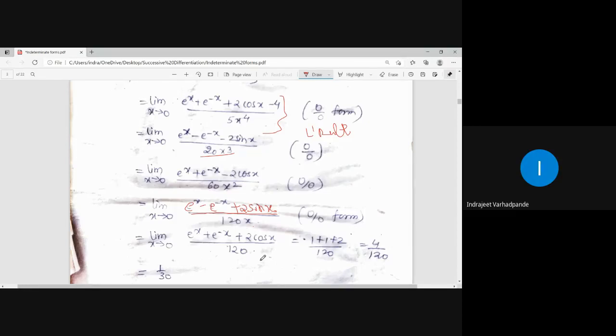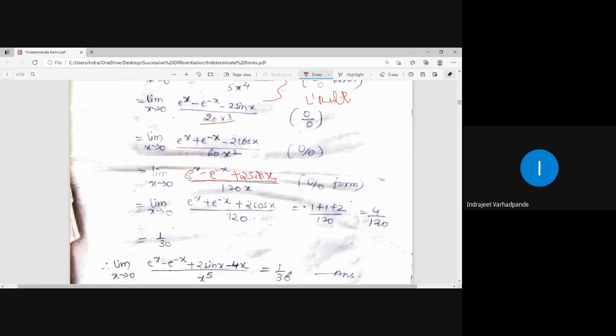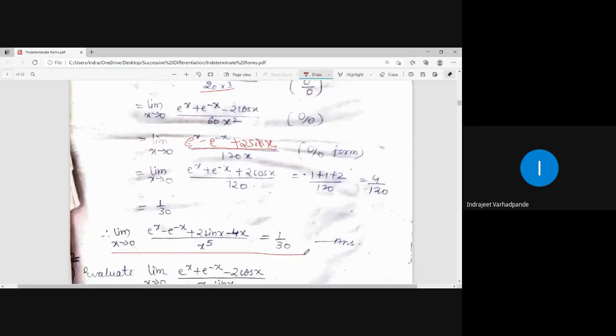Completed? Yes, sir. Can we do the next example? So the evaluation of the limit is 1 upon 30.